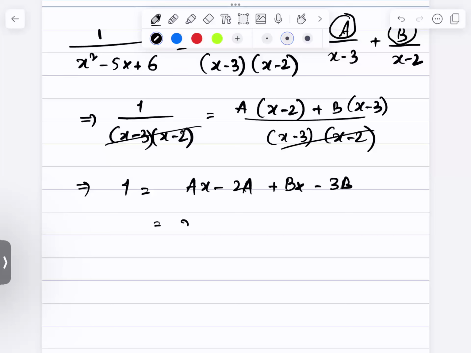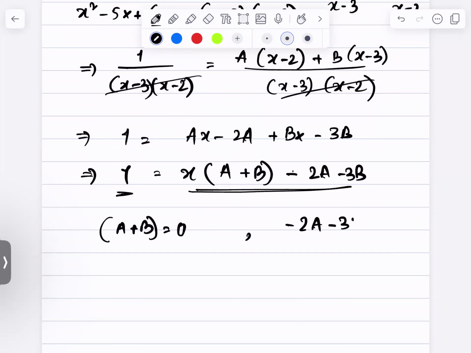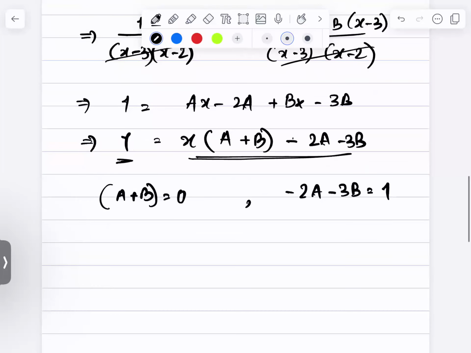Collect all the terms having x: this will be a plus b, and minus 2a minus 3b will be the constant. On the left side you have 1. On the left side there is no component of x, so a plus b must be equal to 0. And the constant on the right side is minus 2a minus 3b, and that should be equal to 1 because that's the constant on the left-hand side.